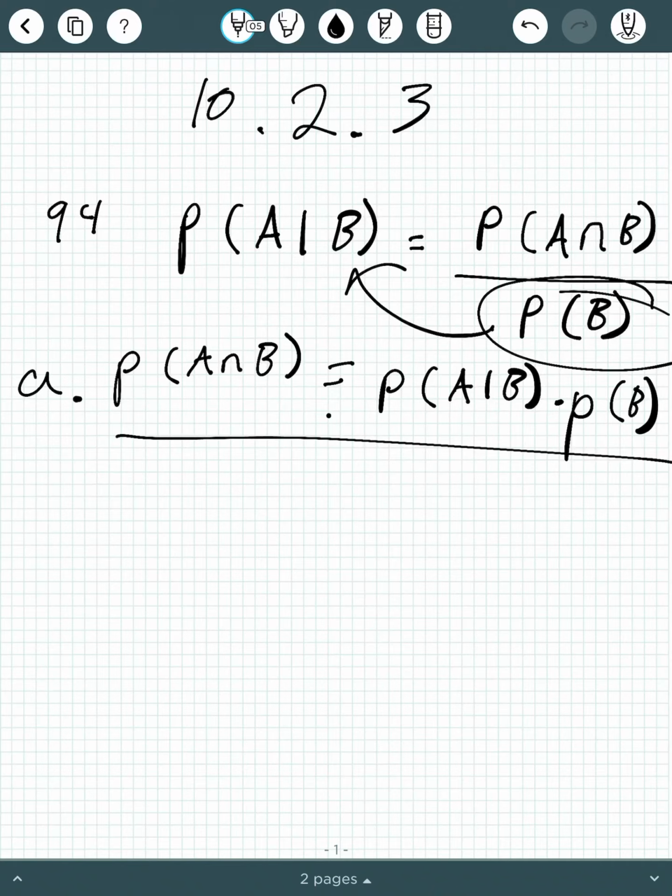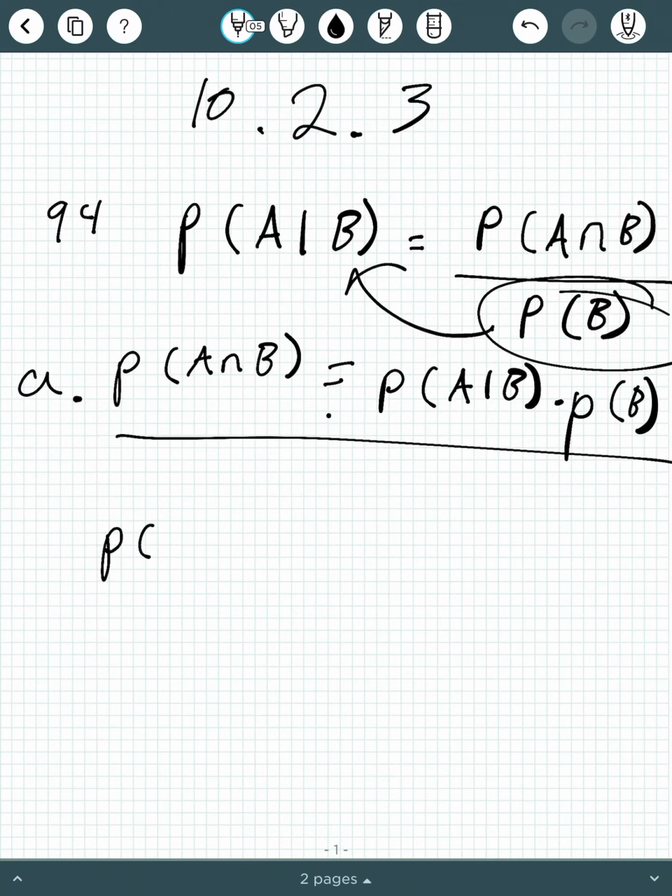In part B, they say write the relationship between event A and event B for when they are independent using symbols. So we want a relationship between event A and event B if they are independent, not associated.